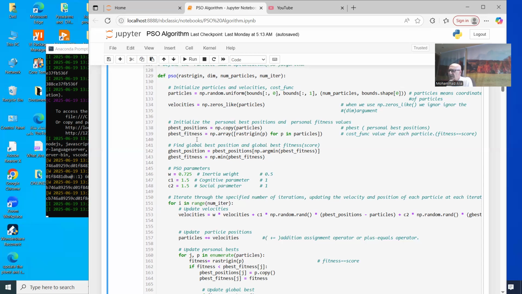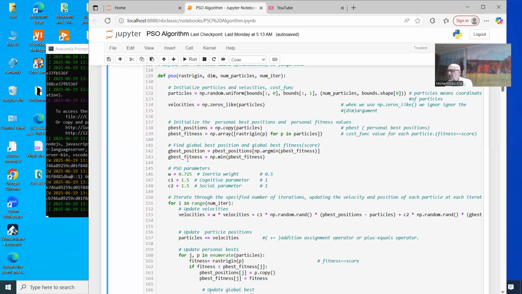So now, from the particles, we have personal best positions, which are practically at this iteration the same, and we have new values, personal best fitness for each particle.